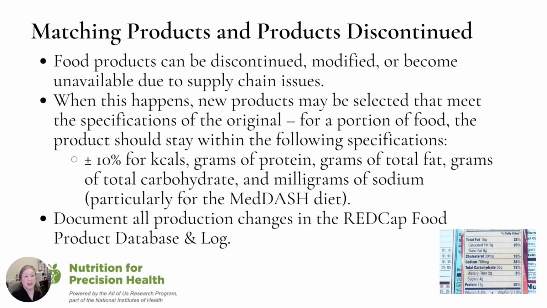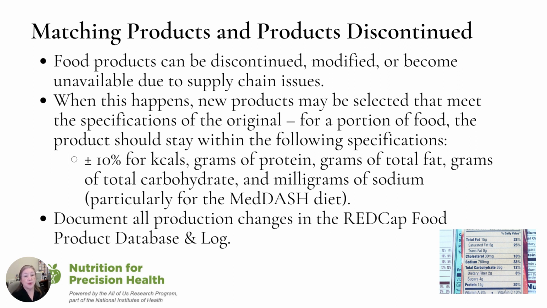In terms of matching products and looking at what products are discontinued, we know that this happens because it could be unavailable due to supply chain issues, some of which we realized occurred in the recent pandemic.